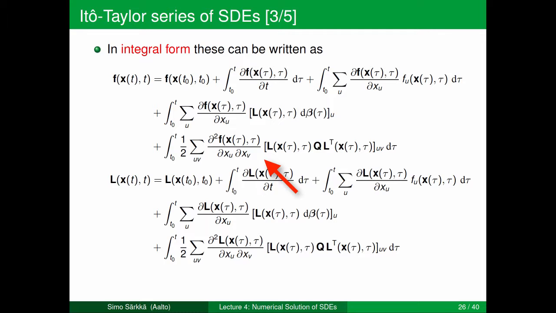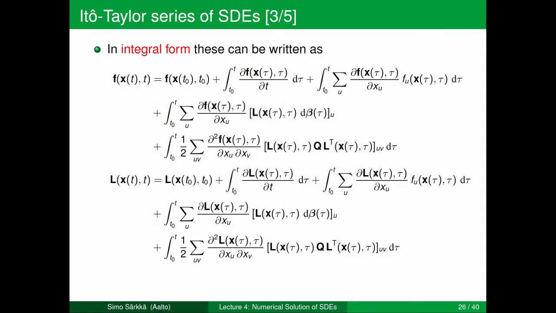So these are ordinary integrals. For L, we have similar terms. The first is evaluation at t0, then the integral of the partial derivative, which is an ordinary integral, plus then the integrals of partial derivatives with respect to x_u times f_u, and then the stochastic integral of the partial derivatives with respect to x_u times L dβ, plus then half times the second partial derivatives.